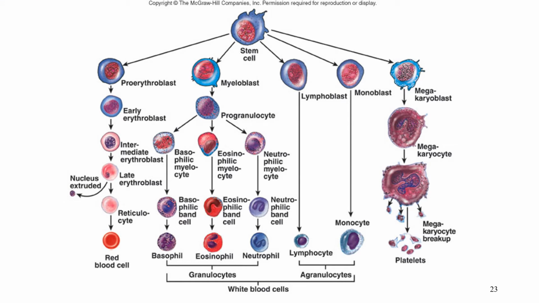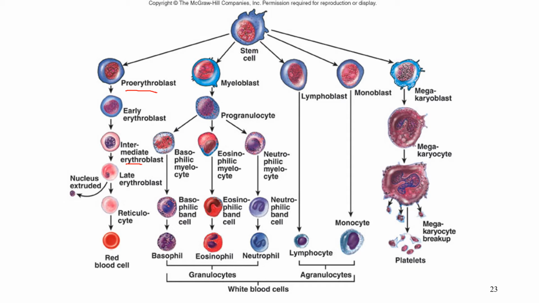So this one is actually how, kumbaga, a stem cell leads to different types of your blood cells. Okay? So from a stem cell, it can be a pro-erythroblast. And then it will develop eventually to an early erythroblast, and then develop into an intermediate erythroblast.